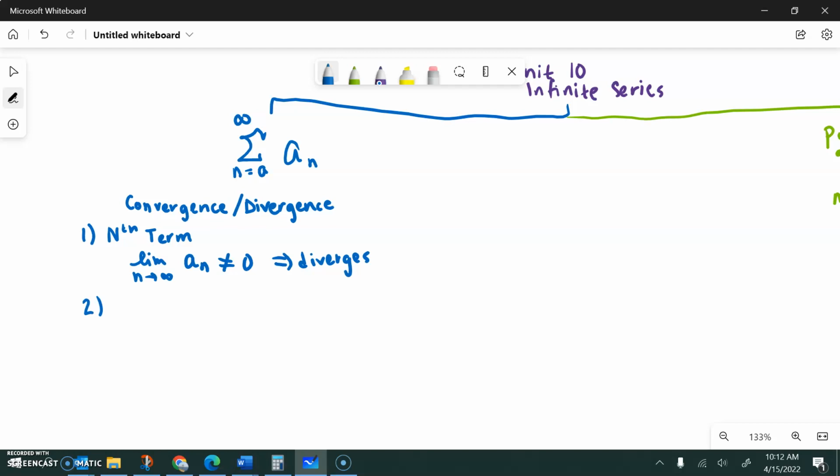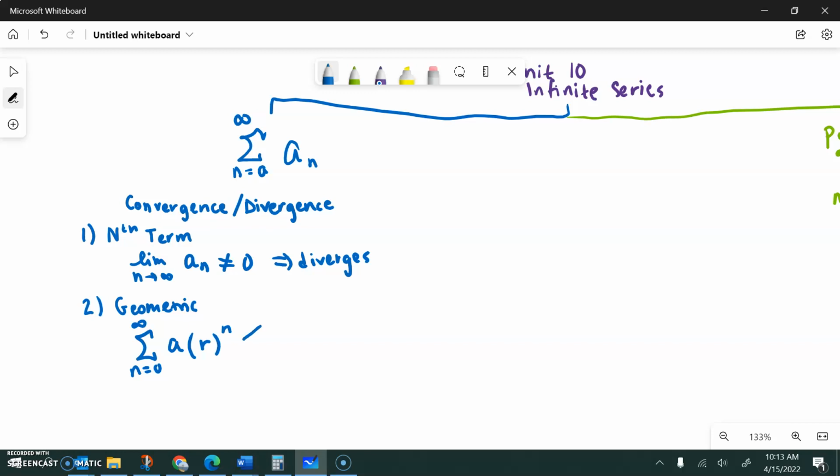There are some special kinds of series that are useful. One special kind of series that's useful is a geometric series. If your series happens to be geometric, then it will have some starting term, a, and then it will have a common multiplier, r.